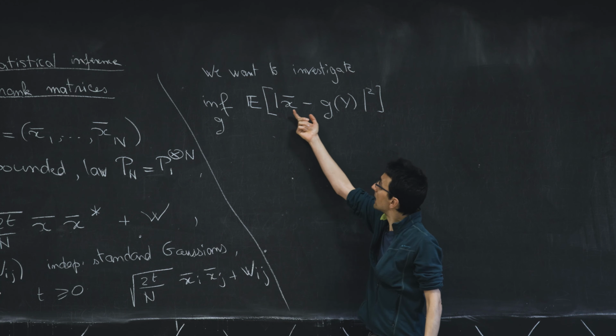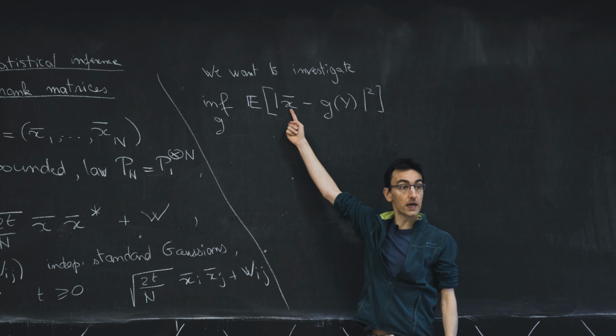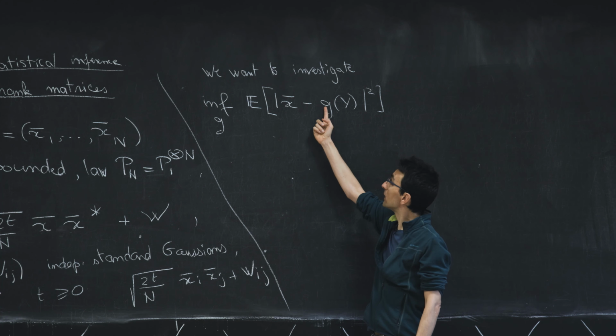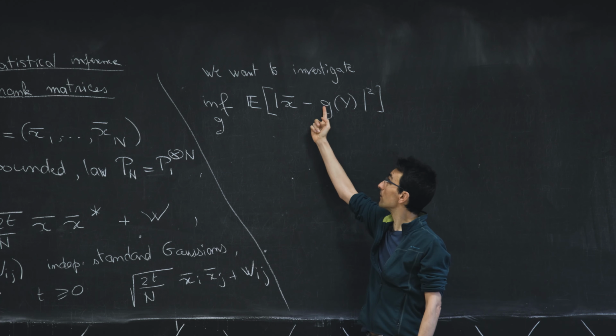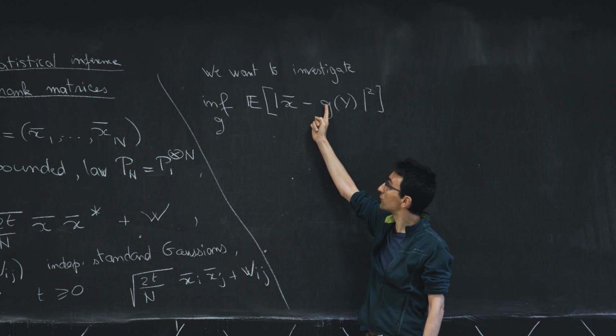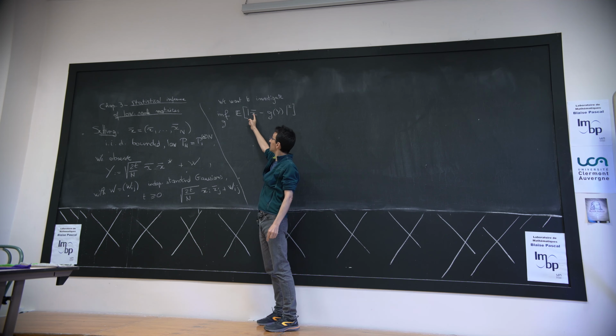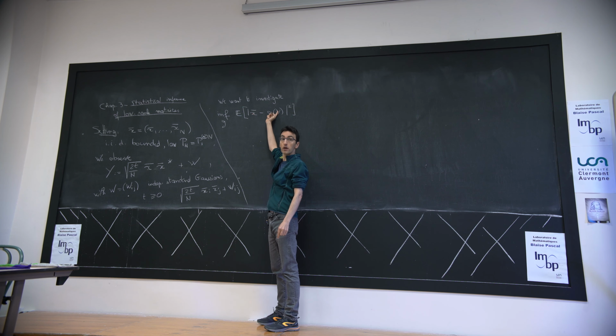You want to recover maybe x bar, and you're only allowed functions of your observation. So you're trying to find the best g such that the expectation of x bar minus g of y is small. Yes?